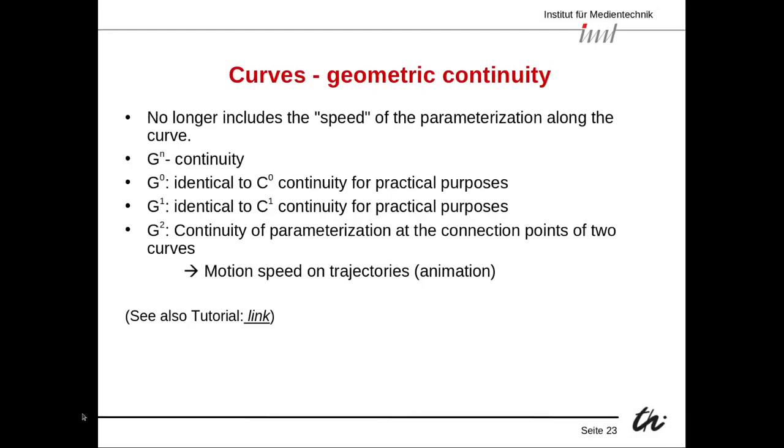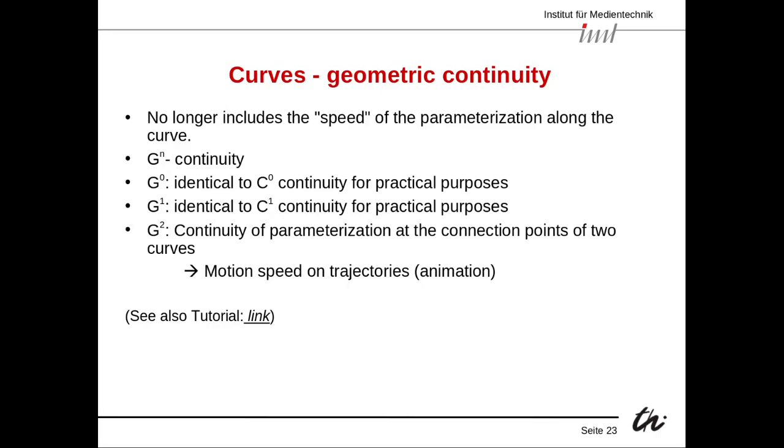Yeah, there's also the G continuity, which refers to the geometric continuity. So this no longer includes the speed of the parametrization. For instance, if we have cosine and sine of t, we could have a t or a constant times t. That would influence the derivatives, but not really the geometry.